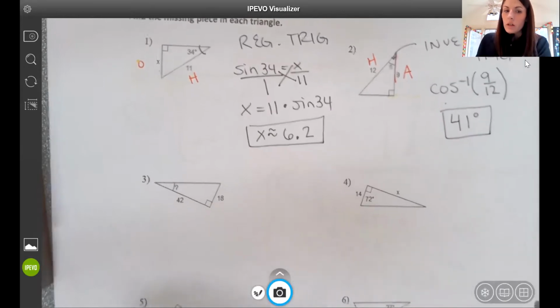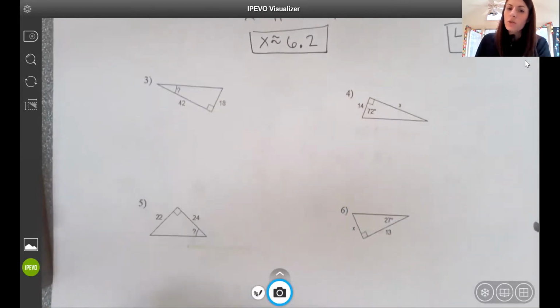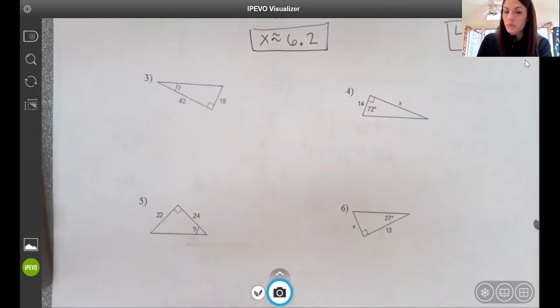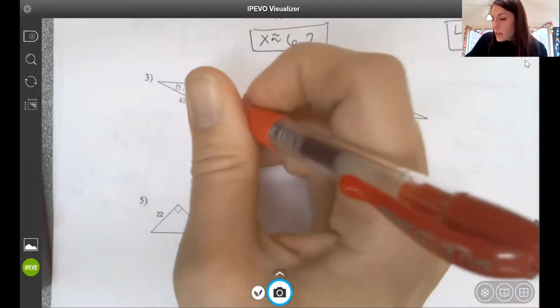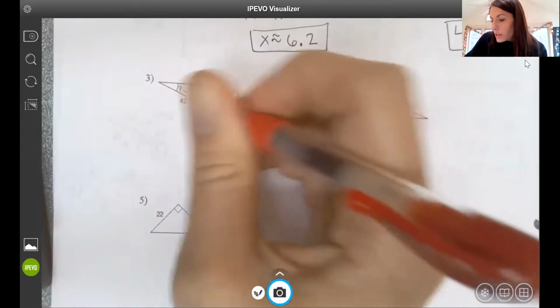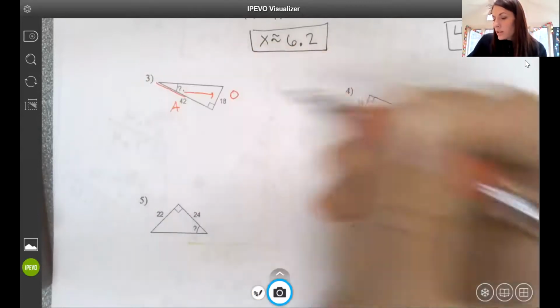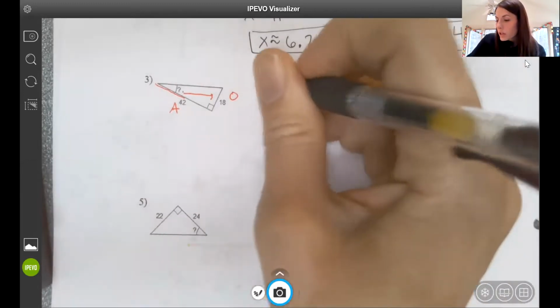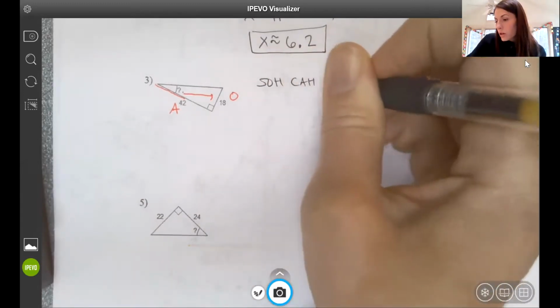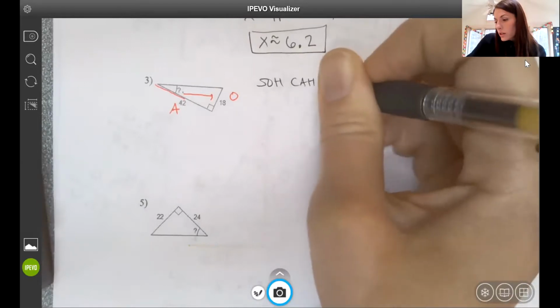Okay. So on 3, am I using inverse trig or regular trig? Inverse trig. I'm missing an angle. And so from this angle, I would say that I have the opposite side and the adjacent side. And so if I have opposite and adjacent, and I look at SOHCAHTOA, I'm using tangent.